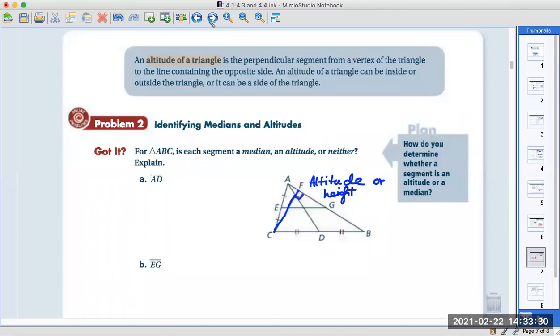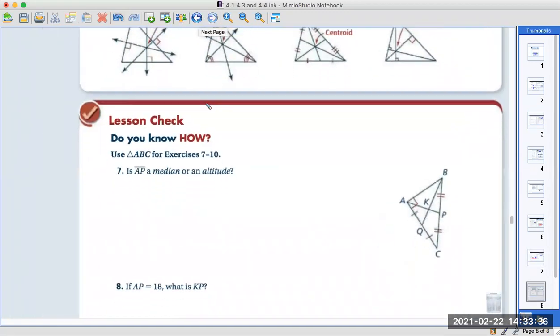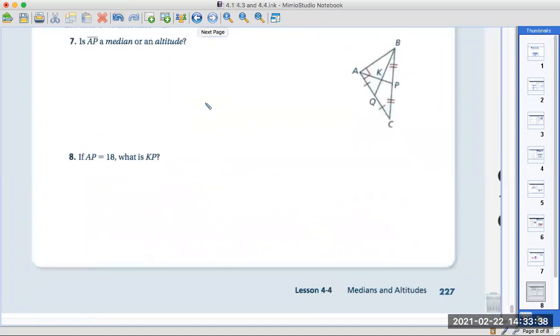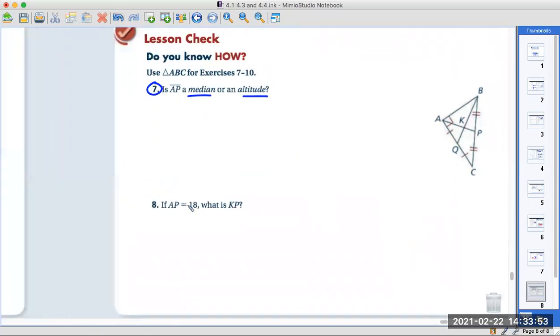Let's see, go to page 227. And we're going to do number 7. Is AP a median or an altitude? Okay, look it up. I just explained it. And number 8, if AP is 18, what is KP?